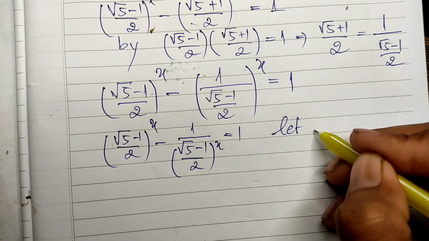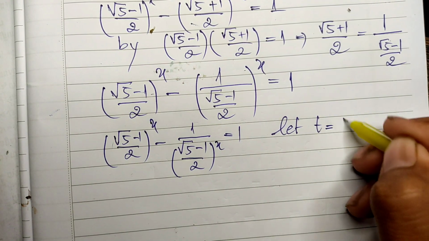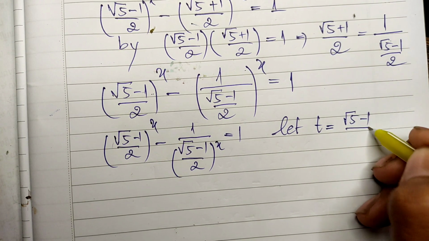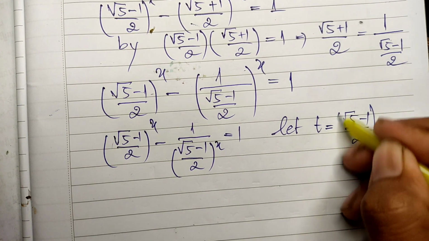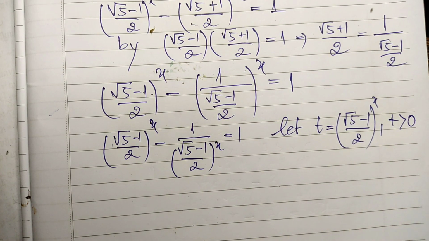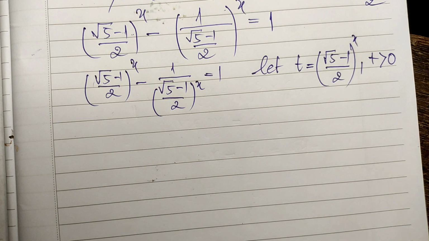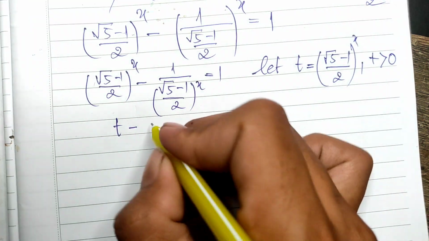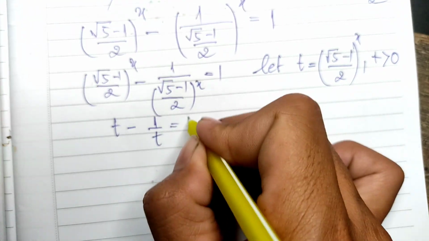Let t equal ((√5 − 1)/2)^8, where t is positive. So our equation can be written as t − 1/t = 1.